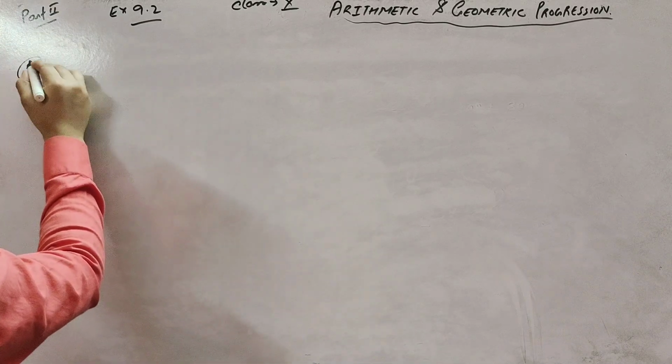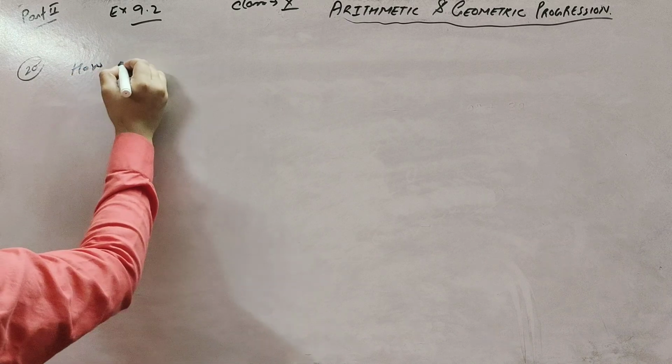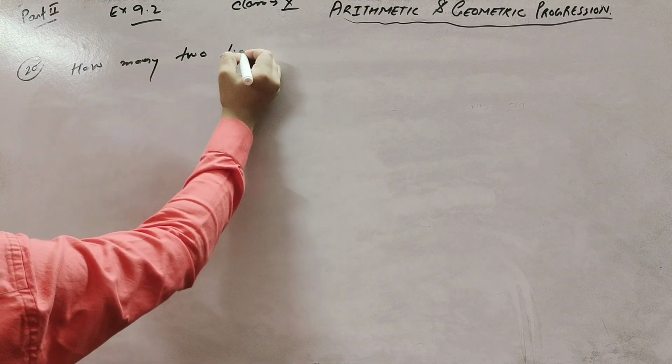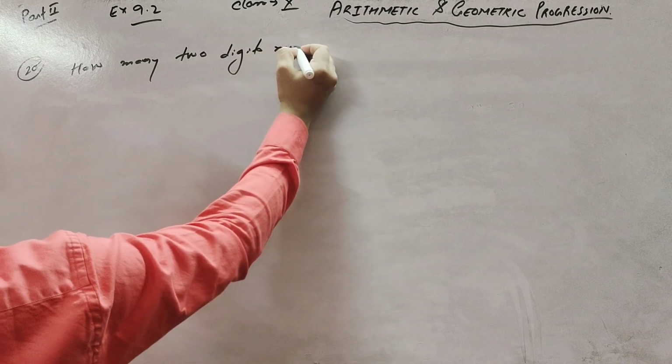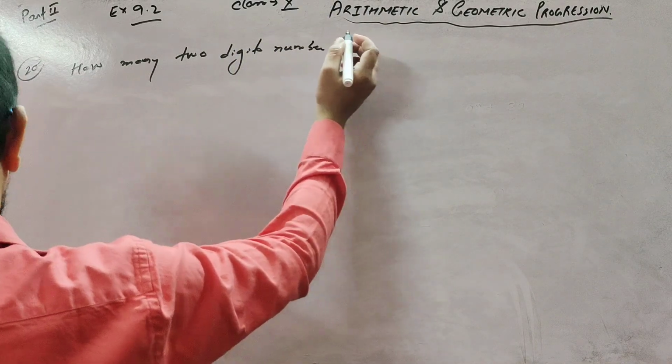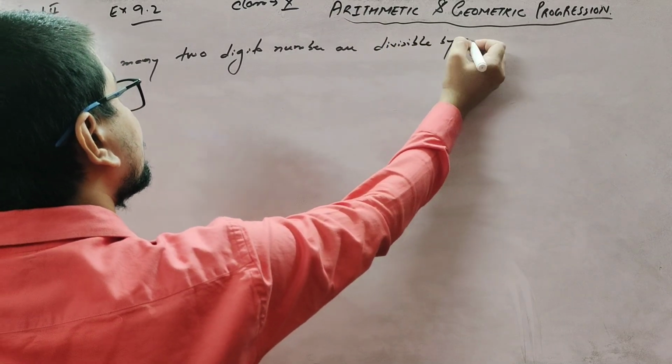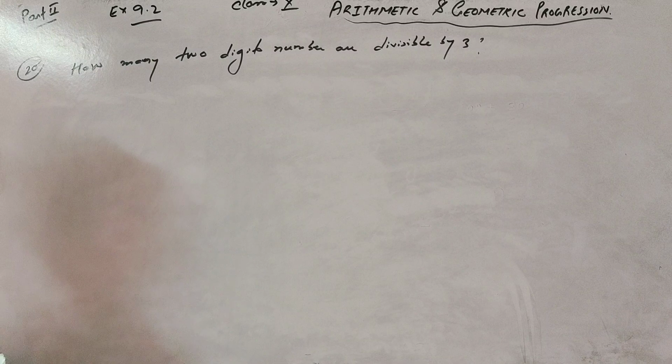Question number 20: how many 2 digit numbers are divisible by 3?